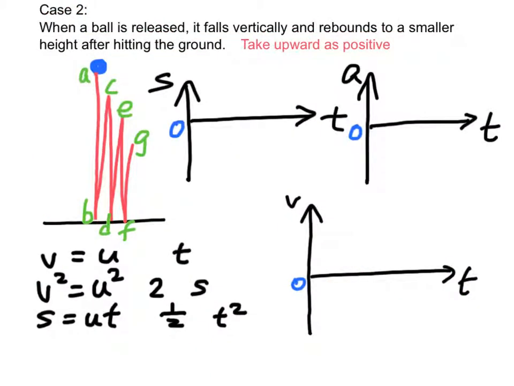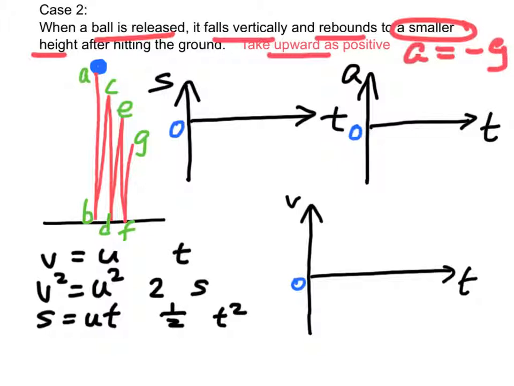Now, when the ball is released, it falls vertically and rebounds to a smaller height after hitting the ground. Again, we take upward as positive. During free fall, the acceleration is equal to negative g, except during rebounds. Therefore, the a-t graph will look like this one.